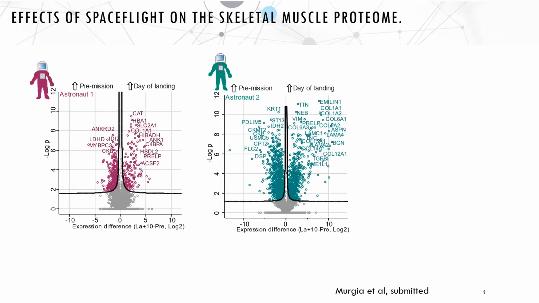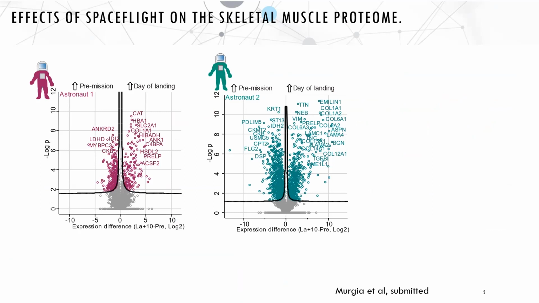So to assess the effects of space flights on the muscle proteome, we took a longitudinal approach because we only have 2 subjects, basically. For each subject, we compared the biopsy taken pre-mission to the biopsy taken on the day of landing. I don't know if you're familiar with this way of representing the data. This is a so-called volcano plot.